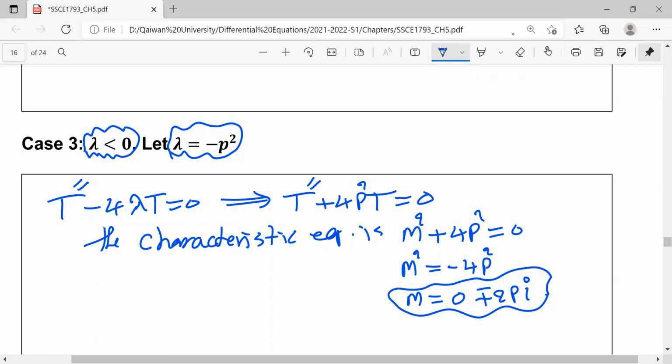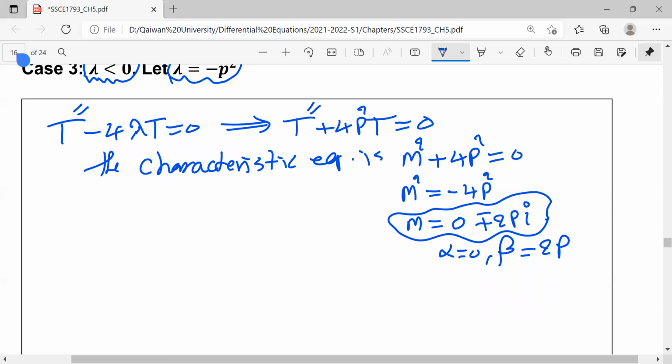That means here alpha, this is the real part. I've written down this 0 for the real part. We just get plus minus 2pi. But we must have real and imaginary parts in a complex number. Alpha is 0, and beta, which is the imaginary part, is 2p. Okay.